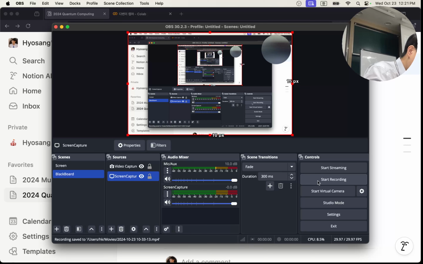The common coefficient is 1 over 2 to the n over 2, and it sums over all the possible base states with a special coefficient e to the 2 pi i x y over 2^n times |y>. Here x and y inside the exponent are simply integers, not a binary expression, but just an integer.